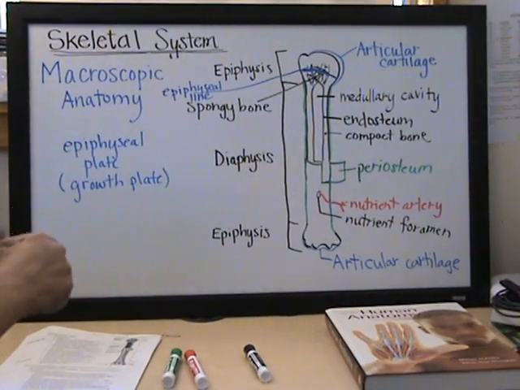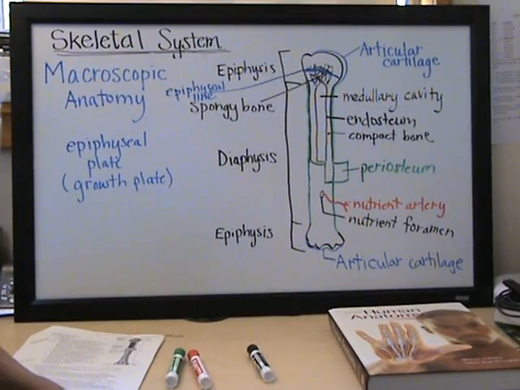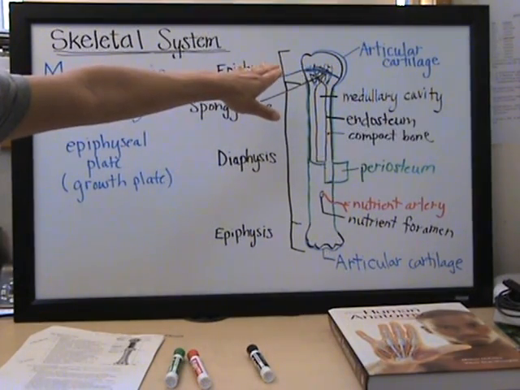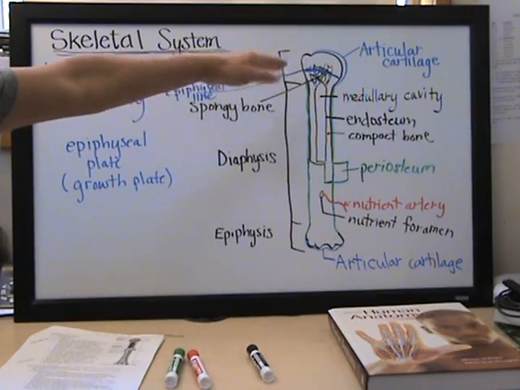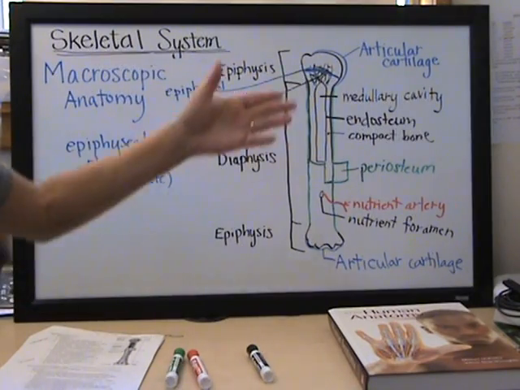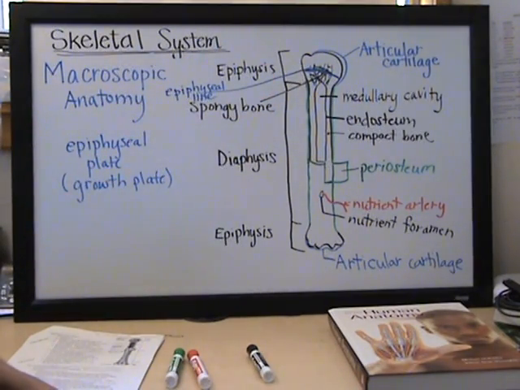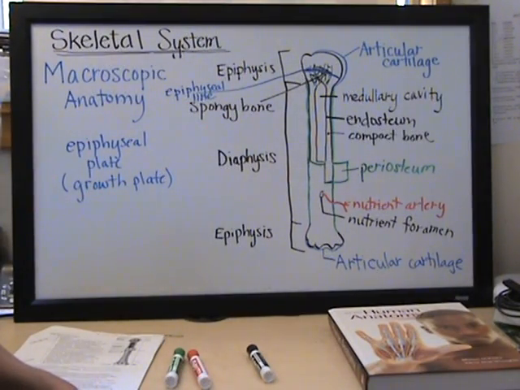And when we're growing, as we're in childhood, that epiphyseal plate is where growth occurs. So they call it the growth plate. And as long as it remains cartilage, we can continue to grow, and those bones can continue to grow in length. All right.